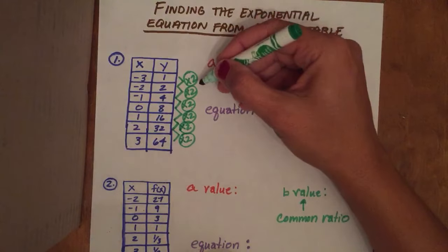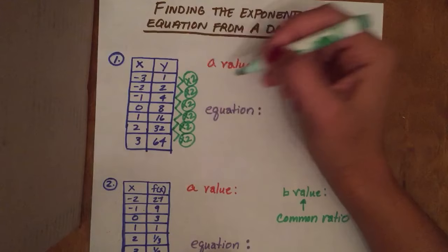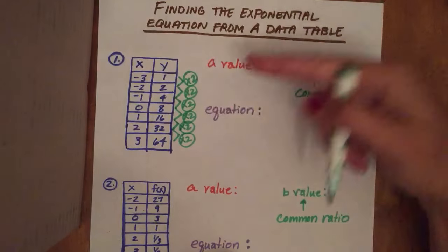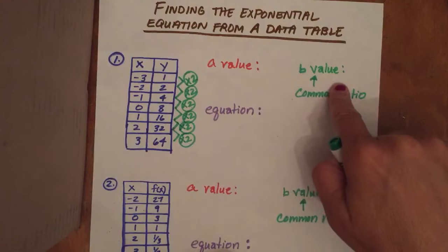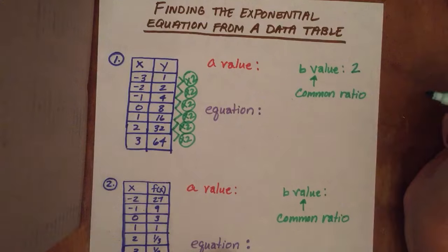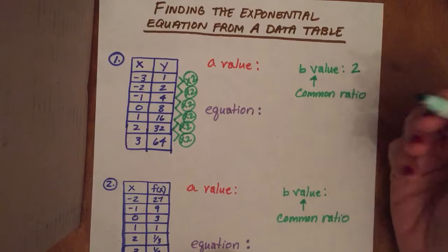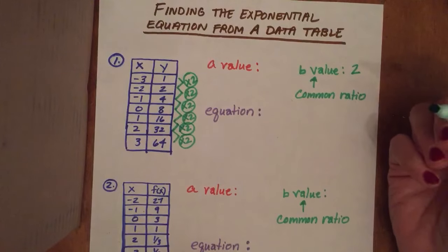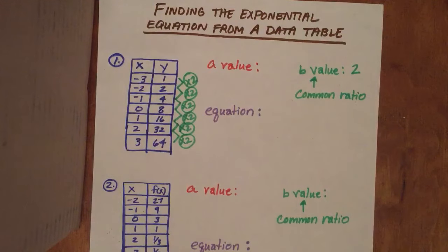So with the data that we've been presented, this is an exponential function. The common ratio that you've just found is your b value. So our b value is going to be 2. The common ratio is what you multiplied by. So that's our b value.